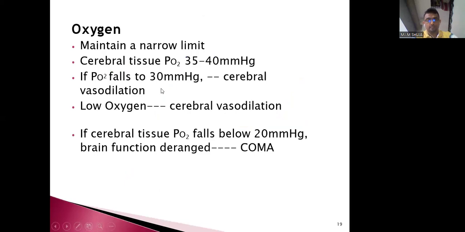Within 35 to 40 millimeter mercury, the cerebral blood flow is fine. When the partial pressure of oxygen falls below 20, because of less oxygen, the brain function gets damaged, and it will lead to coma and eventually death.